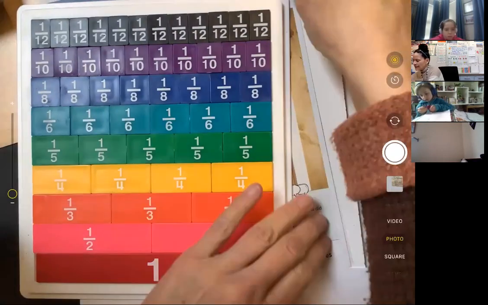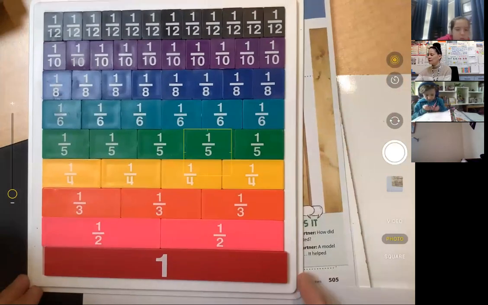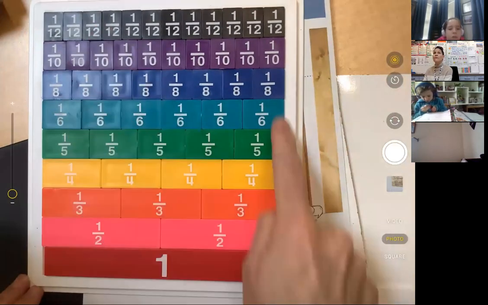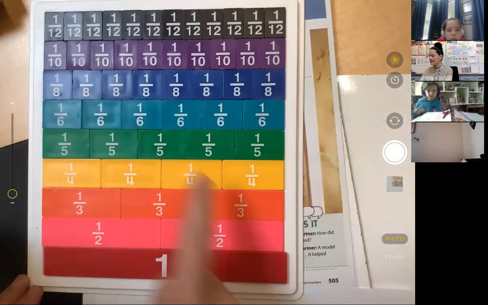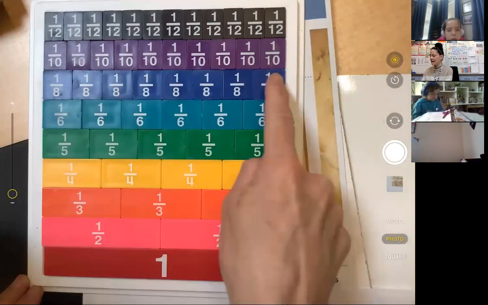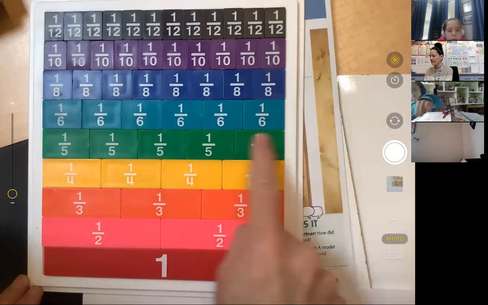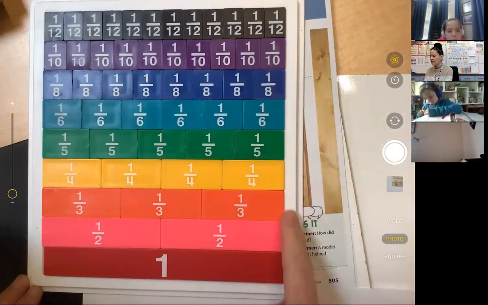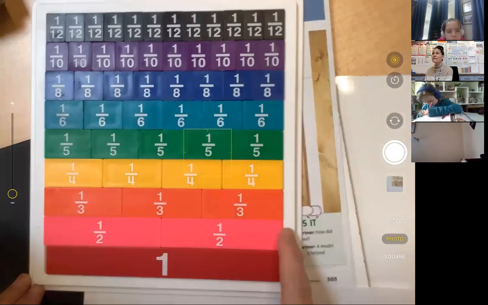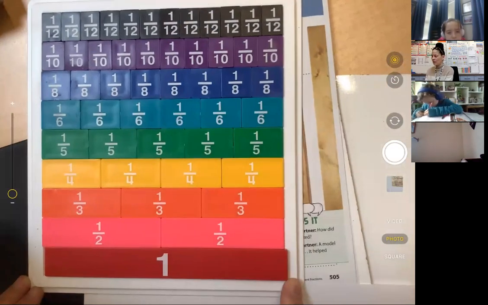If I take my whole, and again, all of these unit fractions represent a whole, right? 12/12, 10/10, 8/8, 6/6, 5/5, 4/4, 3/3, and 2/2 all have the same value of 1 whole.